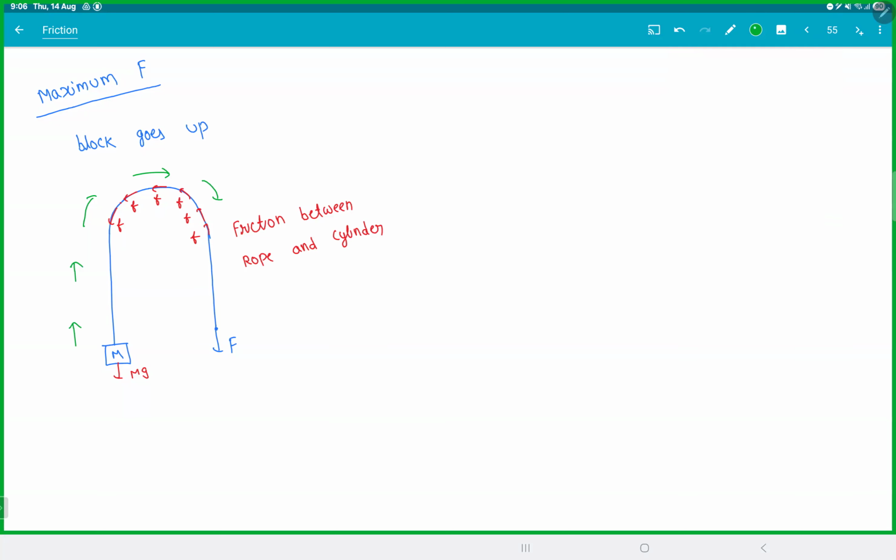The other case is a minimum force. Means if you don't apply enough force, the block will try to go down. If you apply very less force, the block will try to slide down.